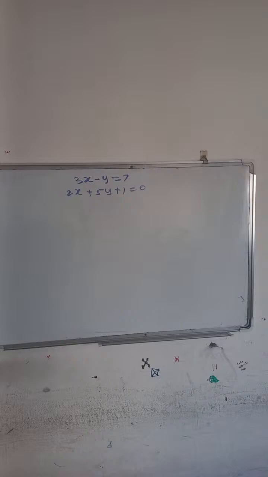Okay, I'll repeat the question here. Determine graphically whether the following pair of linear equations 3x minus y is equal to 7 and 2x plus 5y plus 1 is equal to 0 has a unique solution, second infinitely many solutions, third no solution.